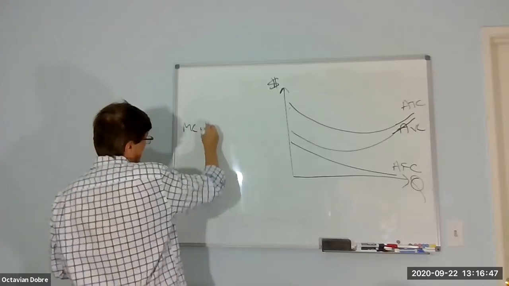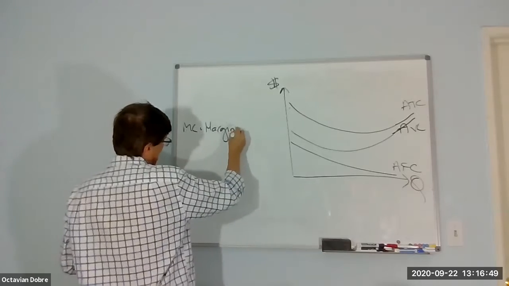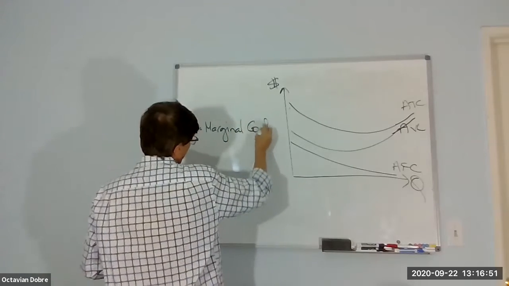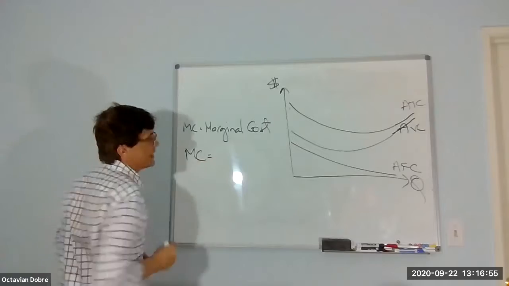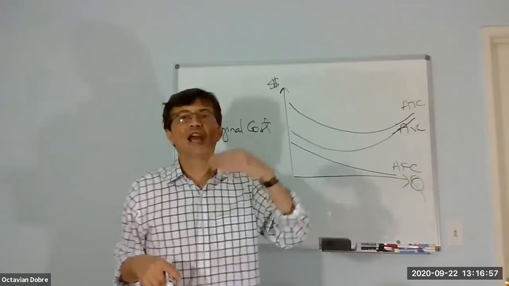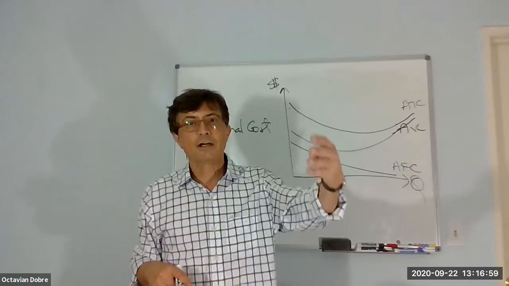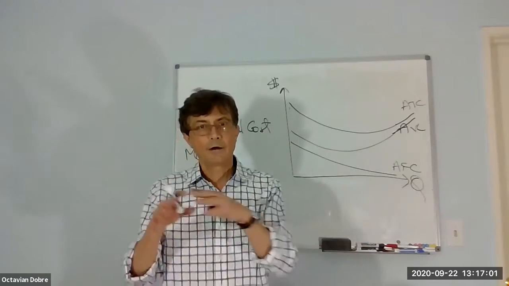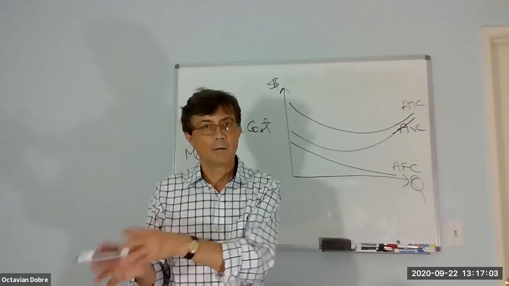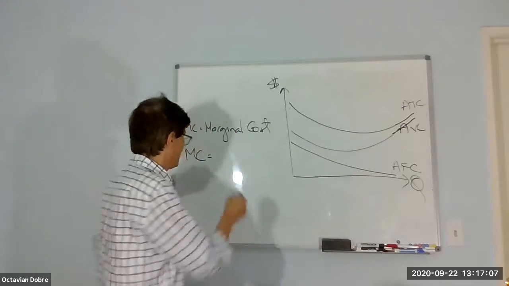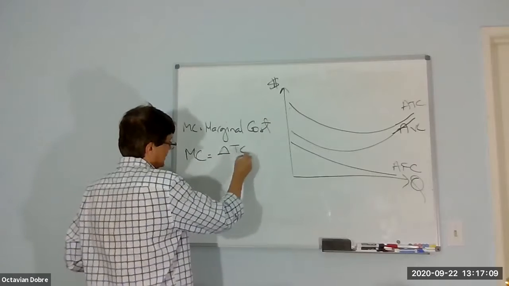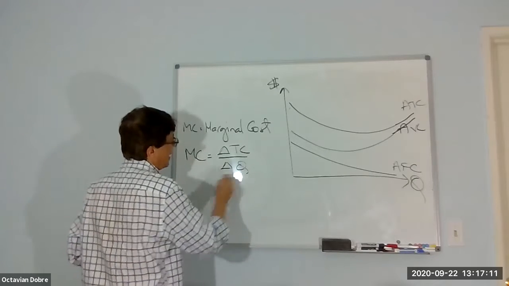MC is marginal cost. And marginal cost is nothing more than the change in the cost due to another unit being produced, the change in production.